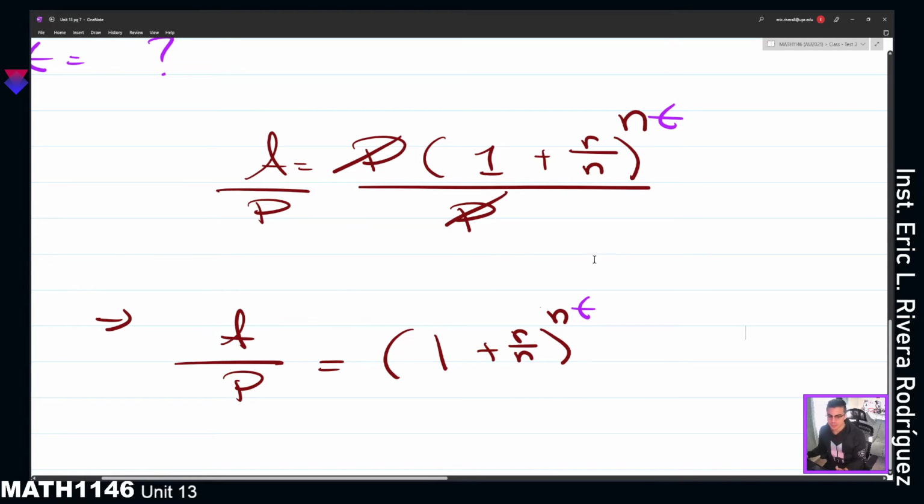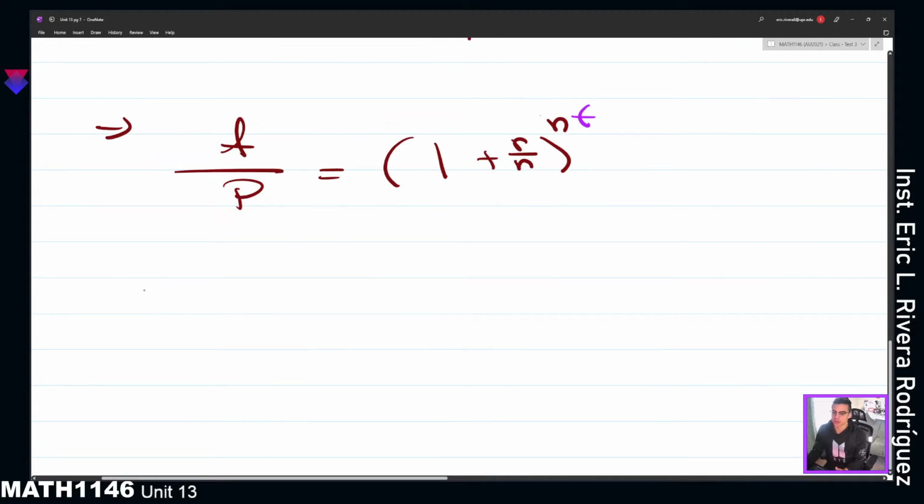Okay, so now t is in the exponent, so I need to bring t to the level where we can solve for it. The base of that exponential expression is 1 plus r divided by n.